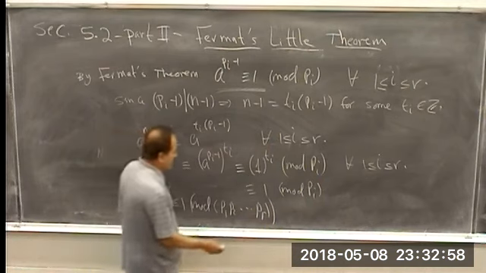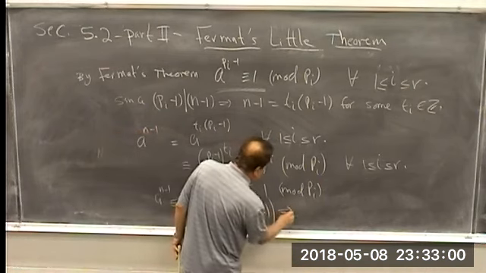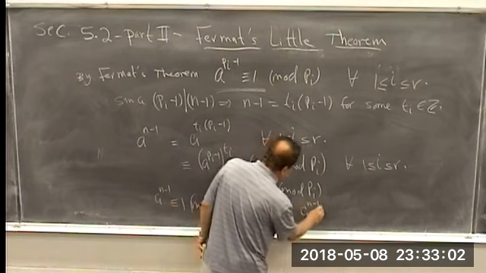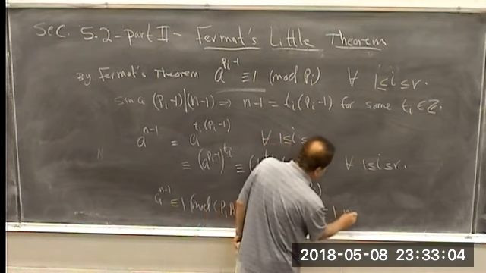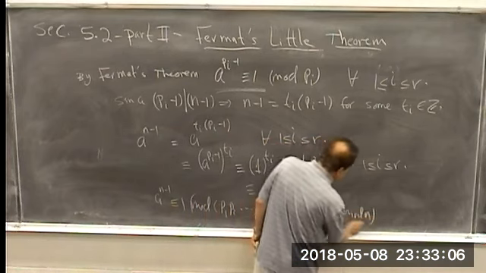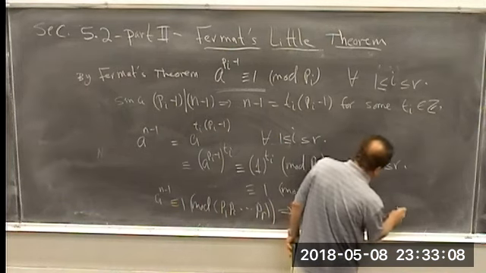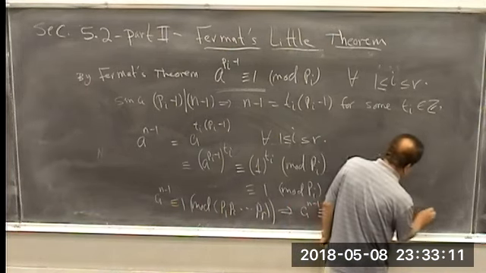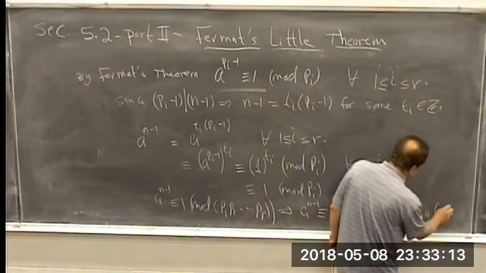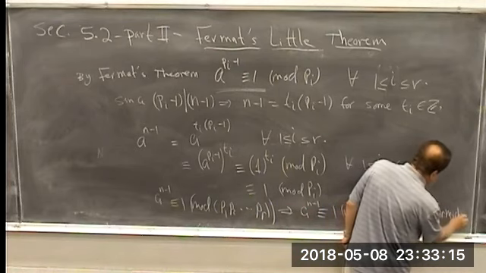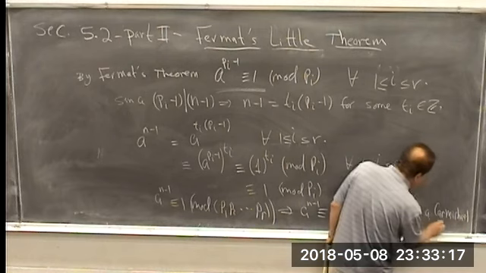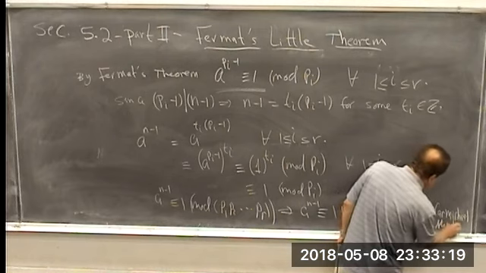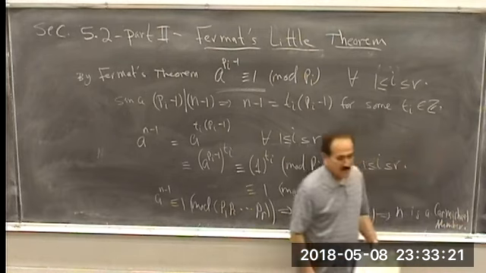Which implies A to the N minus 1 is congruent to 1 mod N. And this implies N is a Carmichael number. All right, so this takes care of the proof.